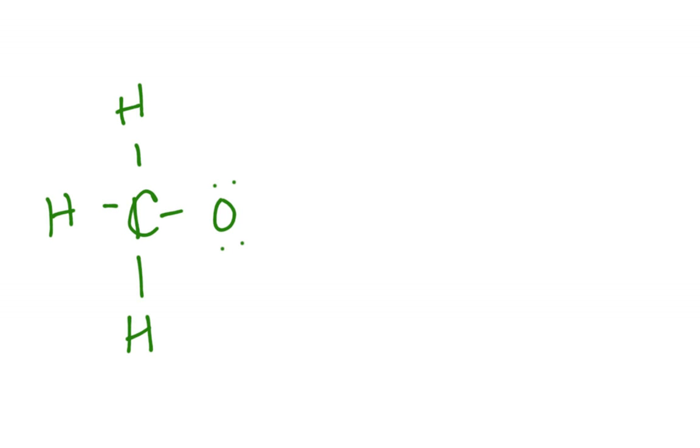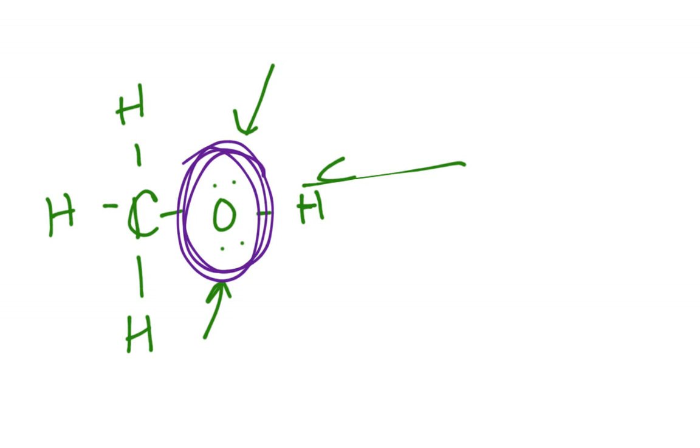So let's draw out a couple of molecules here and look at that. If I have something like this, this oxygen is much, much stronger than all of the rest of these atoms in here. It pulls all the electrons towards it, which means that right here on the oxygen I have a high density of electrons, and so it is partially negative.